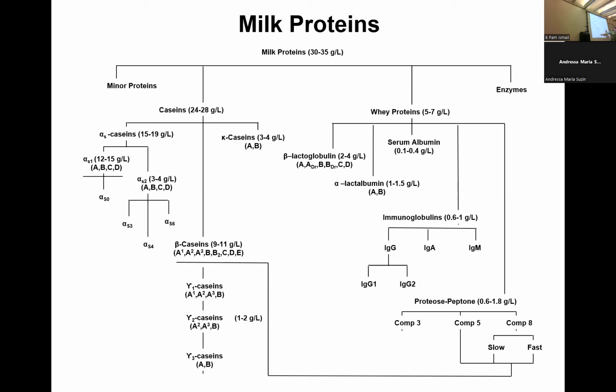These are mostly hydrophobic, so they stay with the casein fraction. And then if we're separating casein and whey, the hydrophilic fraction of beta casein, which is the proteose peptone, stays with the whey protein. So when we fractionate whey and casein, and if we have hydrolysates of beta casein, we'll see these divided between the casein fraction and the whey fraction.